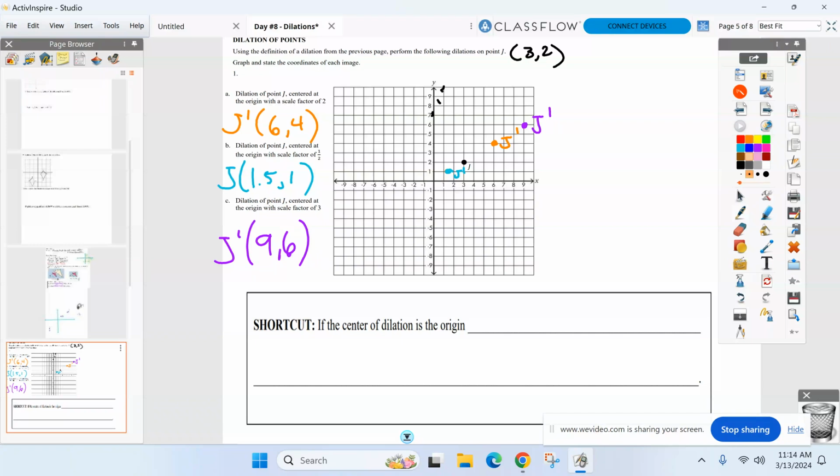Look at 3, 2 to J prime along with your scale factor. There was some type of relationship between the scale factor and J prime. I'll give you 2, 3 minutes if you need it to talk in your groups. What's the shortcut so I don't have to use slope anymore?